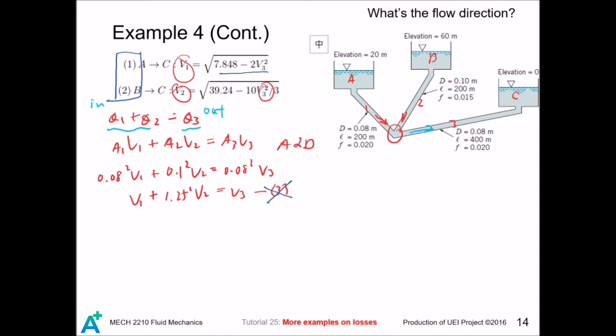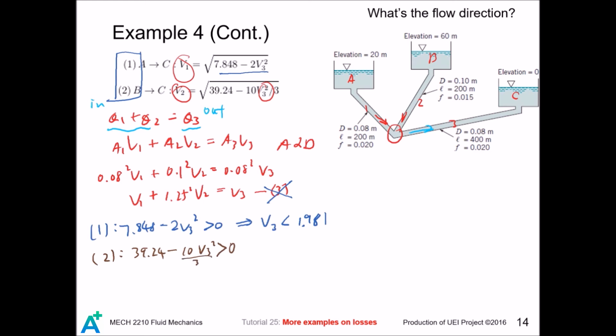This thing in a square root cannot be smaller than 0, so that we can write down, and from equation 2, we can write down a similar expression, and that requires that, and these 2 equations must be satisfied simultaneously.